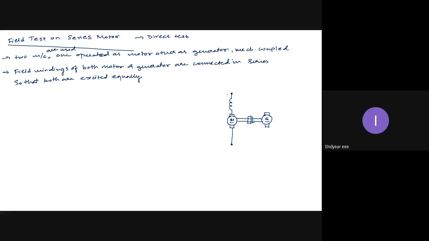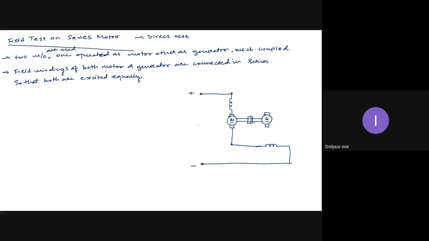Which is connected across the supply. And this is the generator field. The generator field is connected in series with the motor.